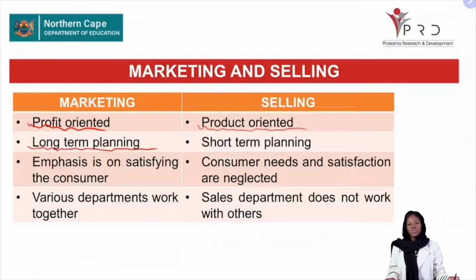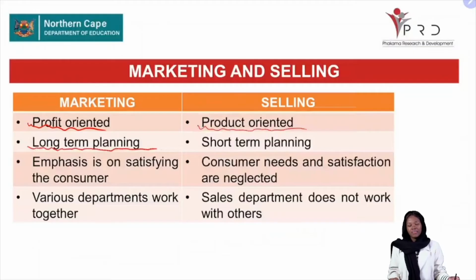But when it comes to selling, it is product oriented, meaning our main focus is on the sales volume. Everything that is in front of us, whatever product, it must be sold, right? We don't even care whether we are making money or not.